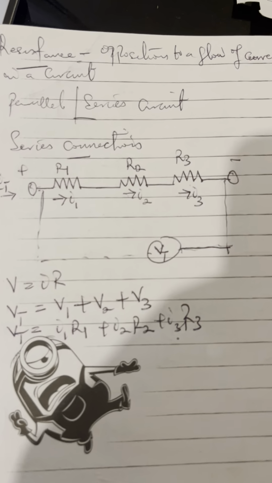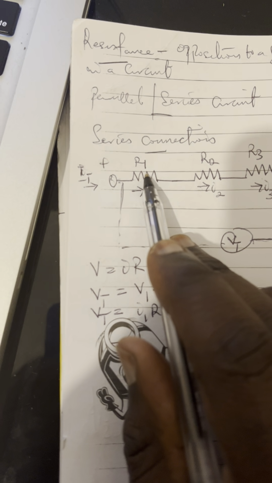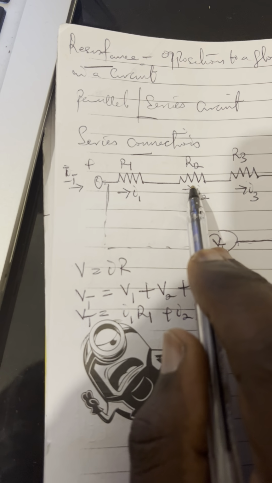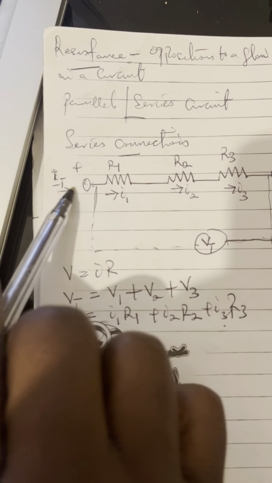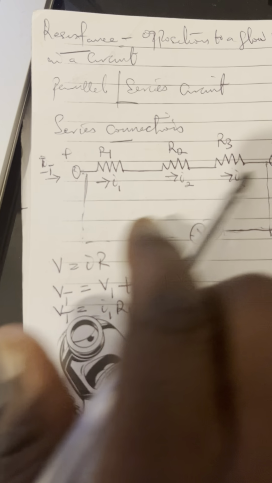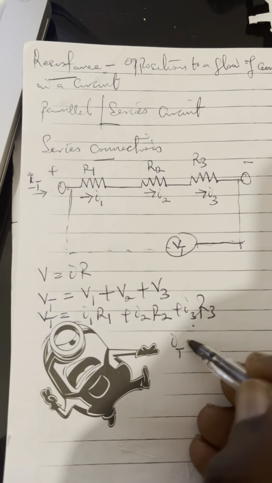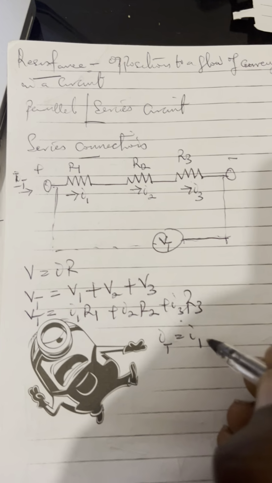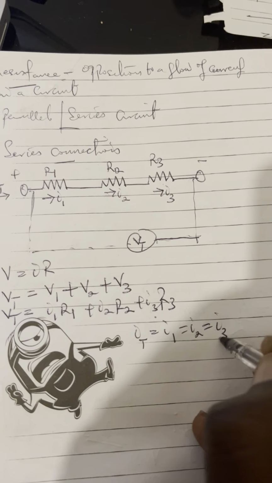But one thing you have to know is that the current that drops here is equal to the current that drops here, because in series connection the same current flows through the resistors. So by implication, I total is equal to I1, equal to I2, equal to I3.